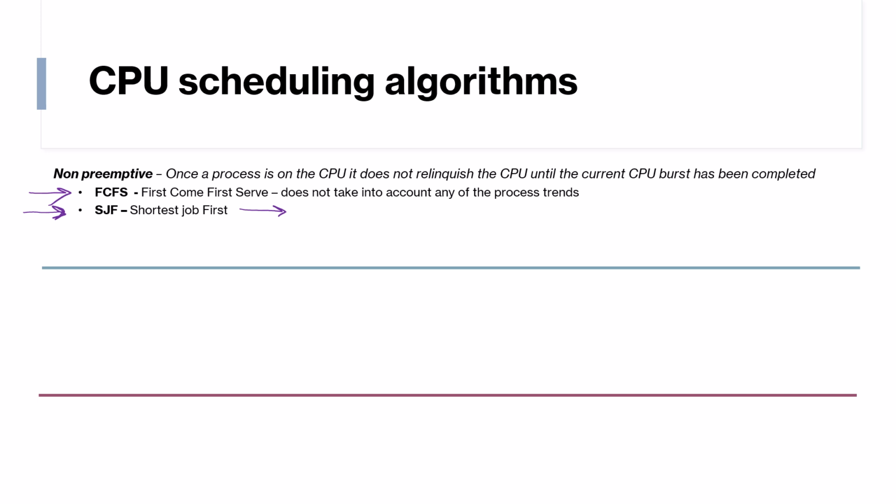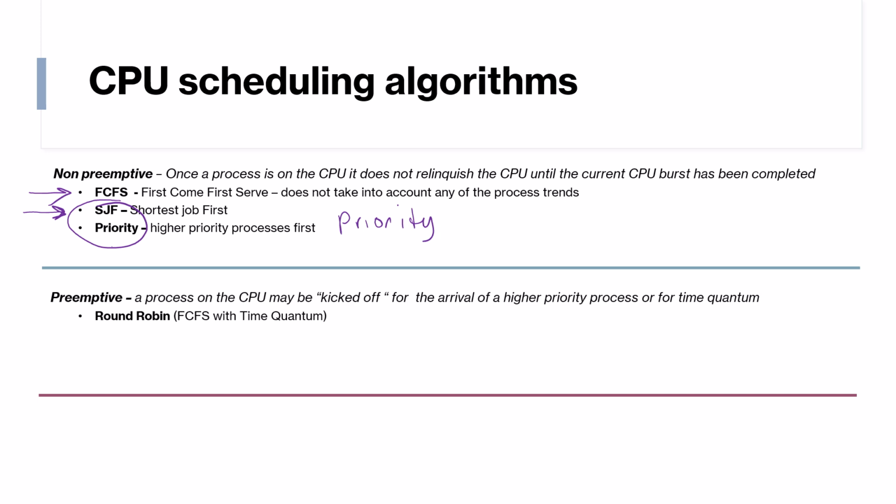But there are processes that tend to have shorter CPU bursts, so maybe they could be given a higher priority, or there are some calculations that can be done to estimate and predict what their CPU bursts are going to be. But both shortest job first and priority are priority based, right? A priority algorithm could just be that a process is assigned a priority. In shortest job first, the priority is based on the length of the CPU burst.